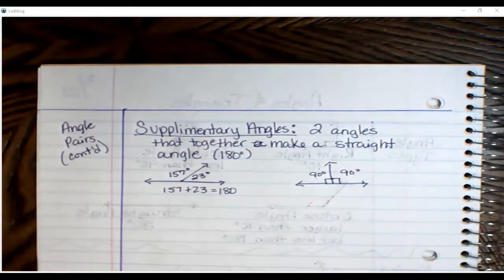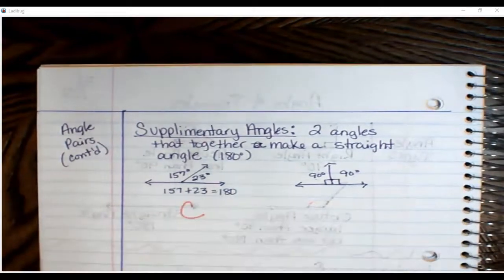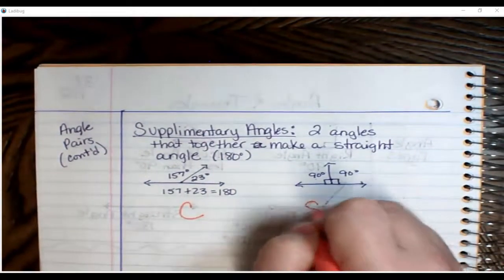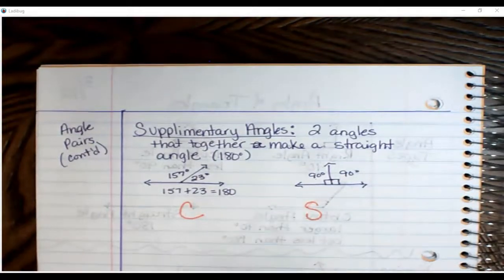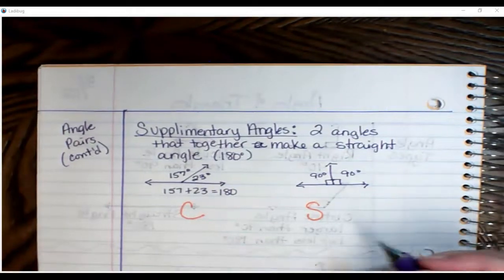Now, I don't know about you, but when I was in school, I had a lot of trouble remembering which was which. I knew there was such a thing as a complementary angle and a supplementary angle, but I had trouble remembering which one was the 90 degree and which one was the 180 degree. I'll never forget, a teacher once showed me this little trick.